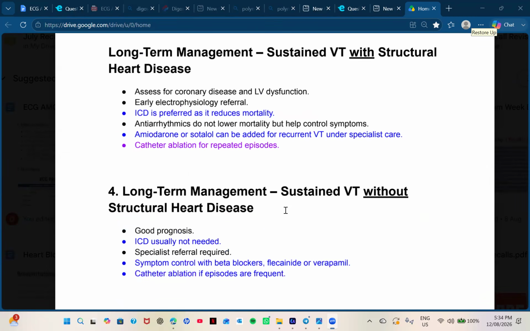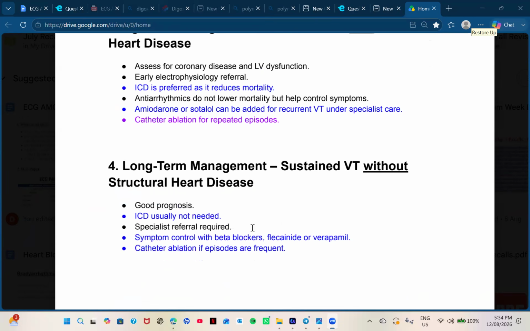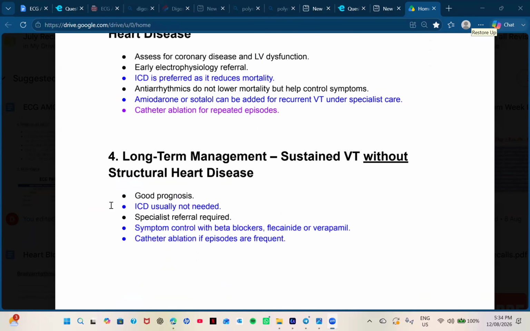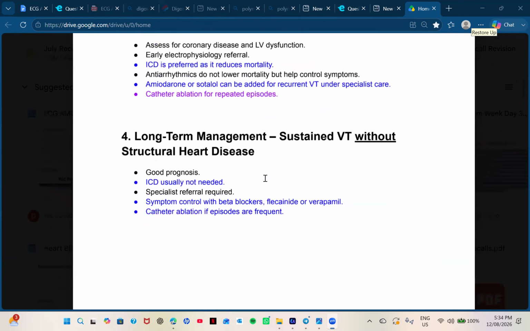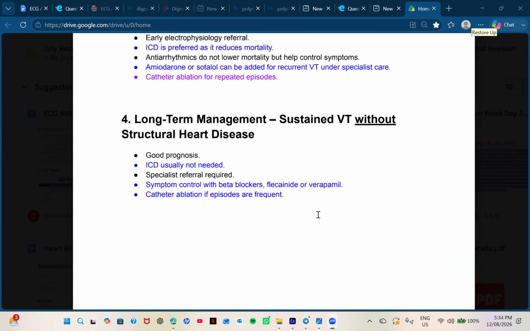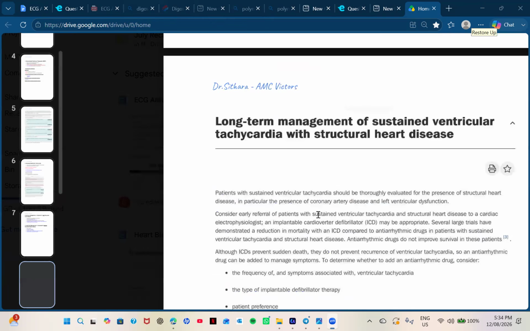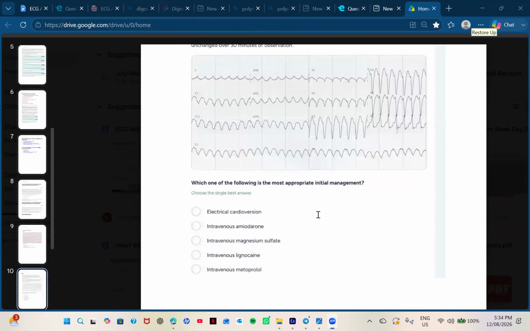For sustained VT without structural problems, ICD is not usually needed, because we use ICD because of the structural heart disease, right? Here you can use symptom control with beta blockers, flecainide, or verapamil, and catheter ablation if episodes are frequent or recurrent. Those are the things you need to understand.